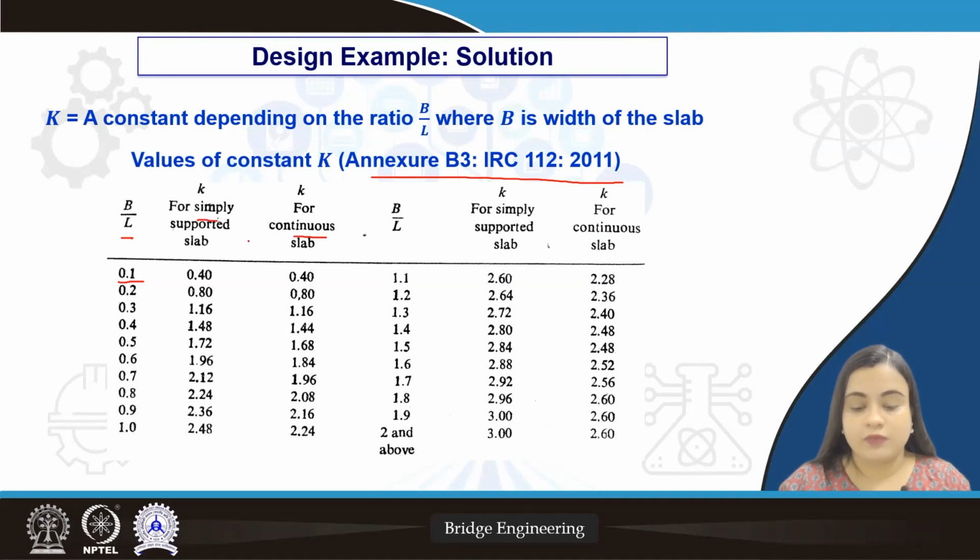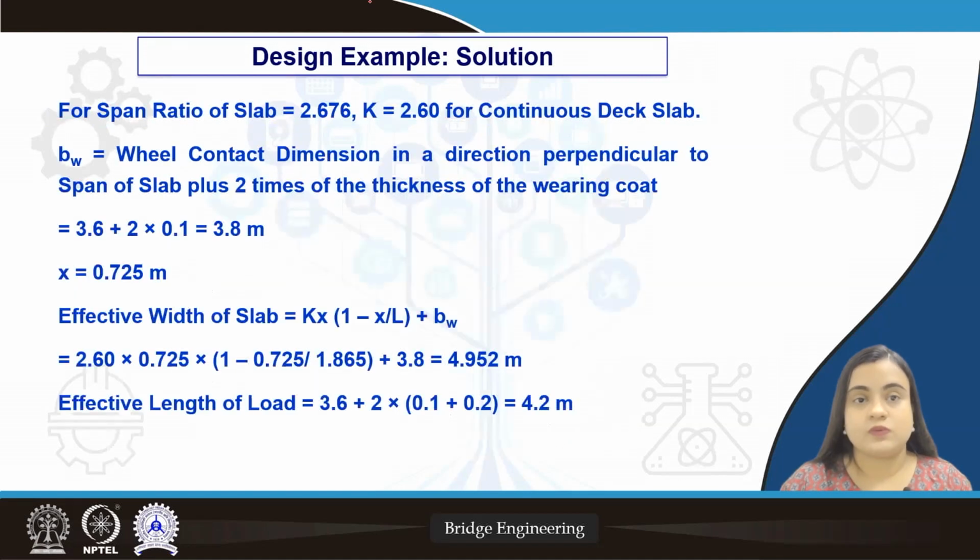Here, in our case, K value can be obtained for continuous boundary condition of the slab and B by L ratio is above 2. So, the K value will be 2.60. So, here that is what we had determined for B by L equals 2.676.